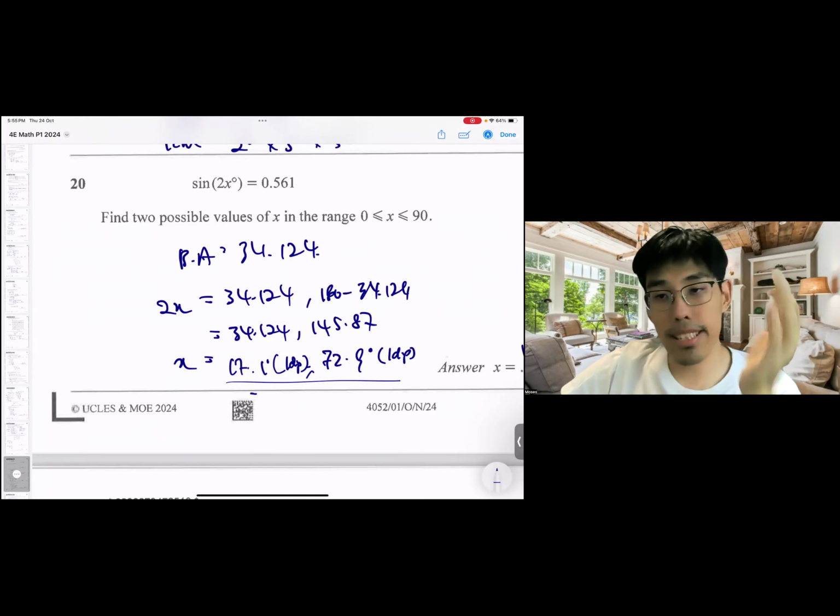Stats. The list below shows the number of text messages Lee sent each day for 8 days. The mean is 17.5. We have 2p and 4p squared. Okay, cool. Show that p is 2.5. Fair enough. So if I want to add everything up, it will be 4p squared plus 2p plus all the other numbers out there.